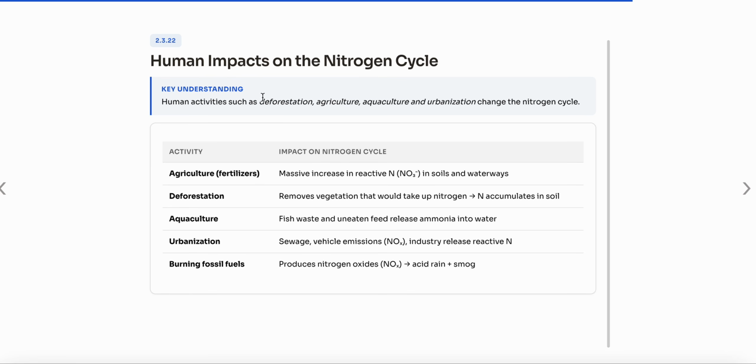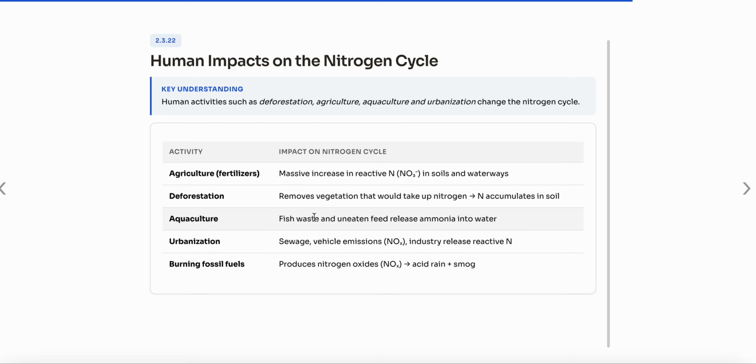And what are the impacts on the nitrogen cycle? When agriculture, deforestation, aquaculture and urbanization occur, they increase the nitrogen level. When we use fertilizers, it increases the reactive nitrogen in soils and waterways. Deforestation removes vegetation that would take up nitrogen, which then accumulates in the soil.